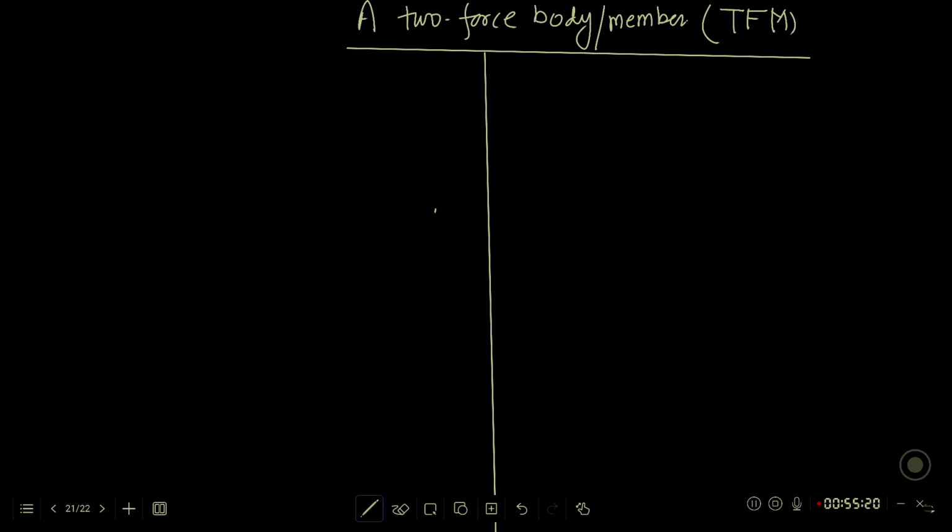We call that RB a two-force body or a two-force member. I'll use this acronym, TFM. So consider a body like this, RB. I have one force here, let me call it F1, and one force here, F2. Vectors.